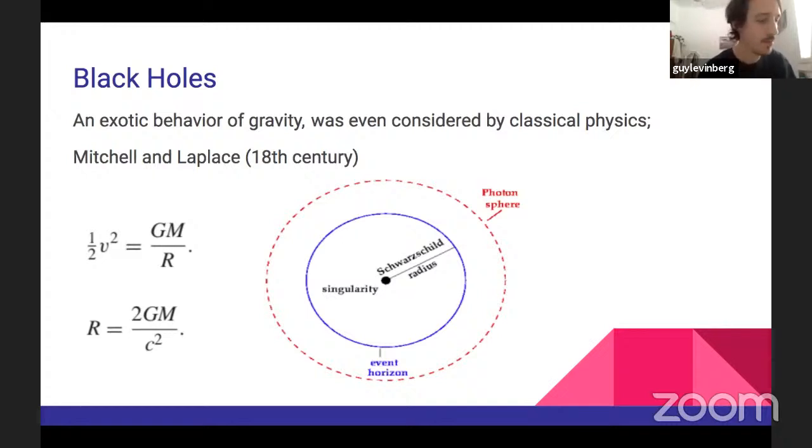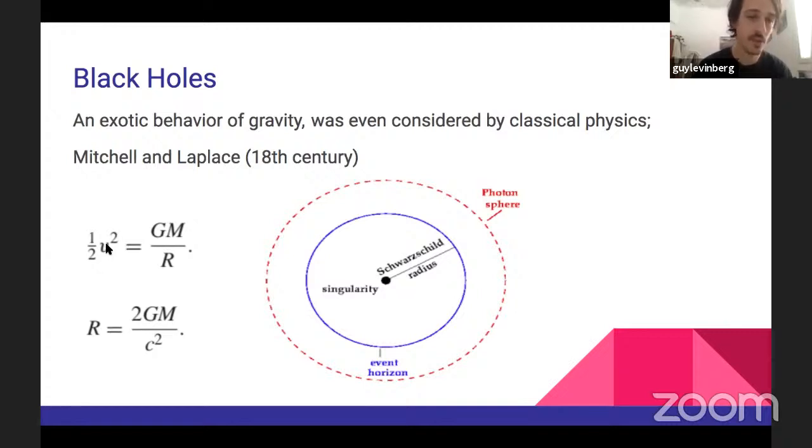We're all familiar with the concept of escape velocity, and here is the regular formula for it. Mitchell and Laplace thought, what if we take this velocity to be the speed of light? At the time, some physicists thought of light as particles.